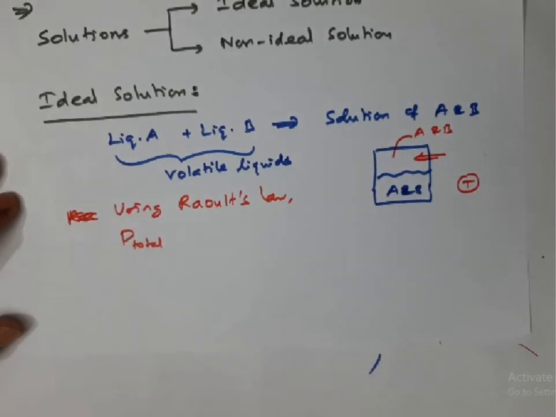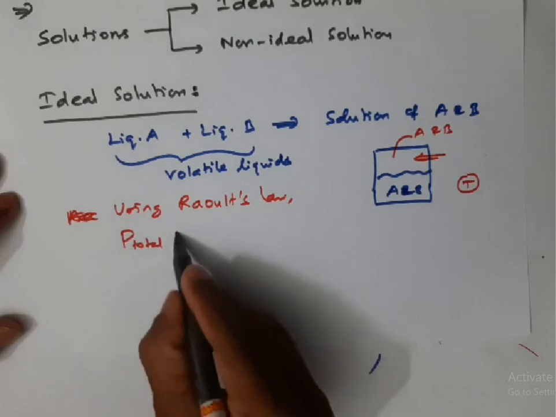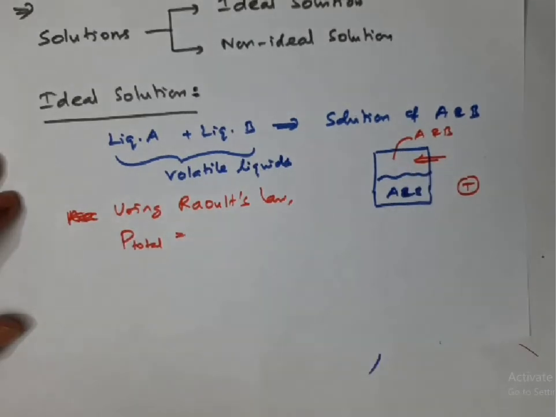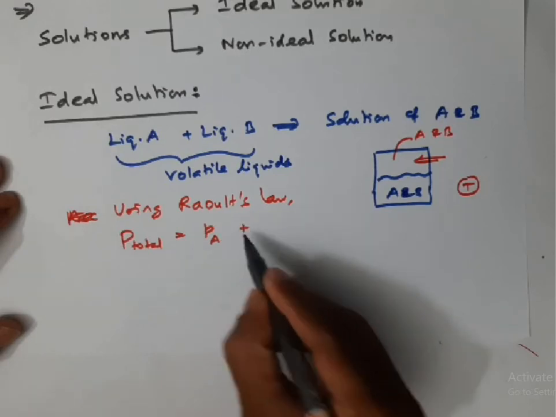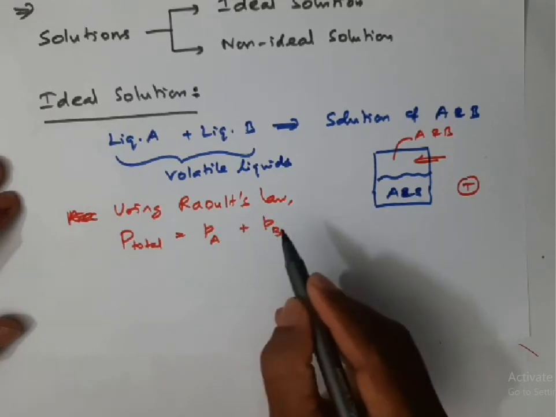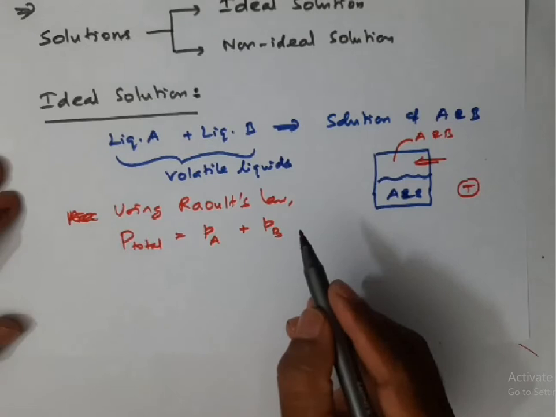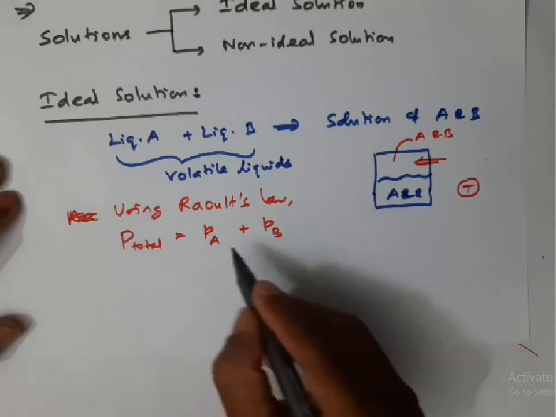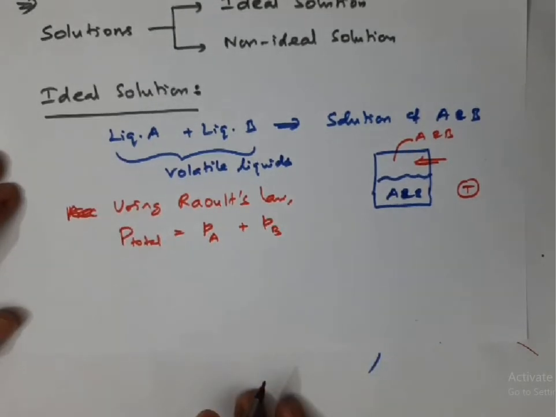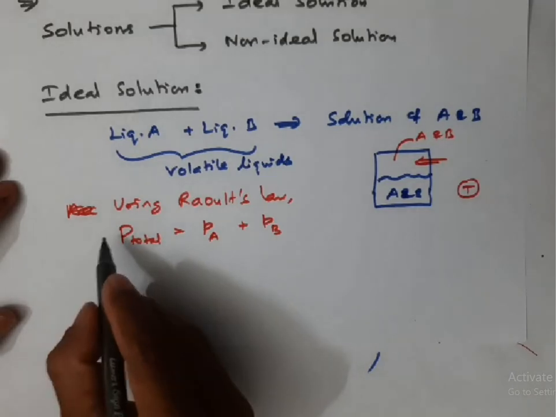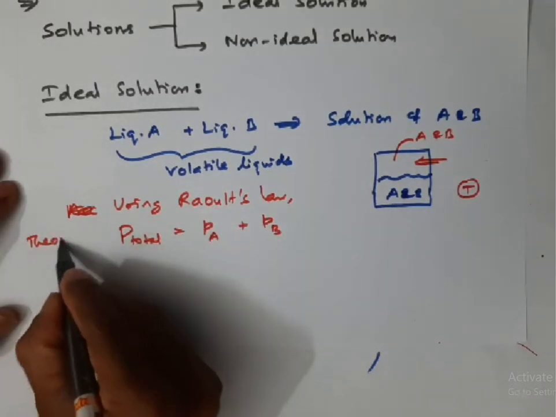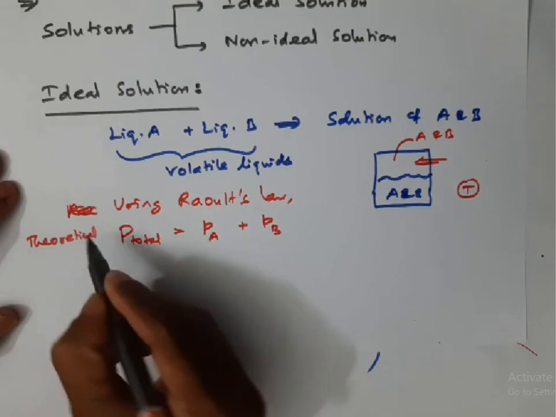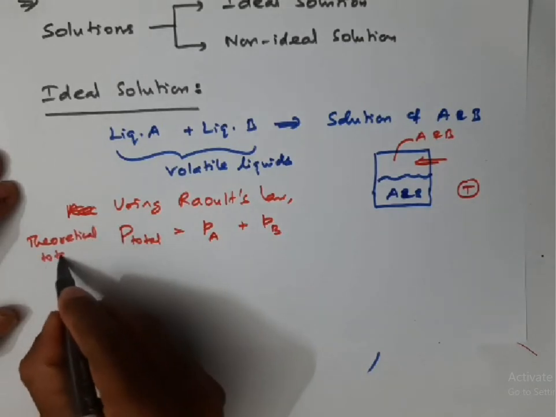Total vapor pressure above the liquid is equal to partial vapor pressure of A plus partial vapor pressure due to the component B. If you add the two partial pressures, you will get total. And you know very well, this is nothing but theoretical vapor pressure. Whenever you use Raoult's law, it is called theoretical total pressure.